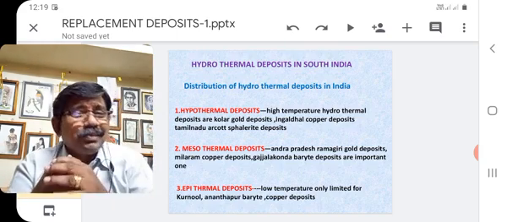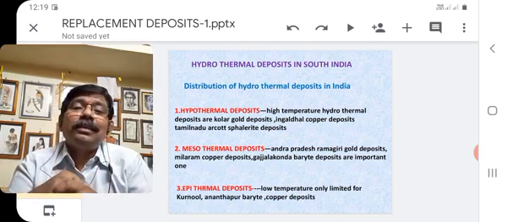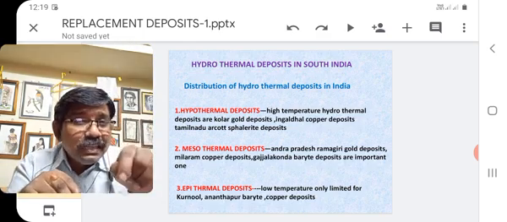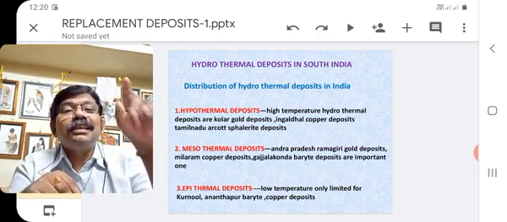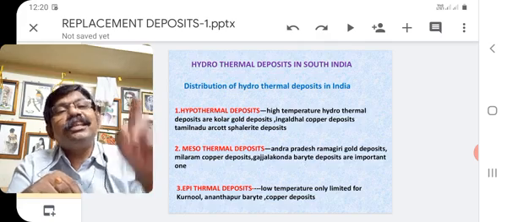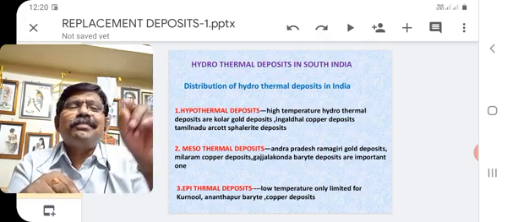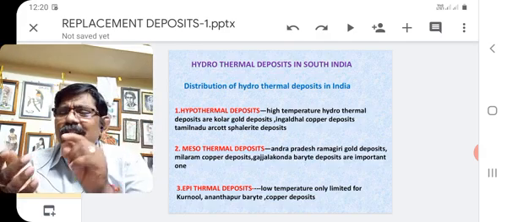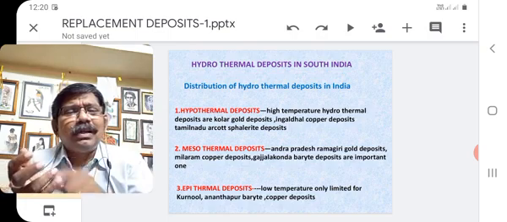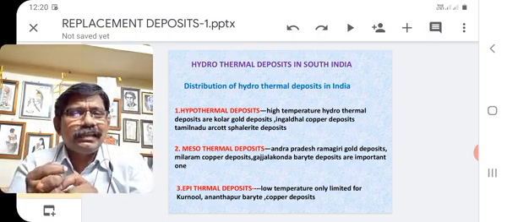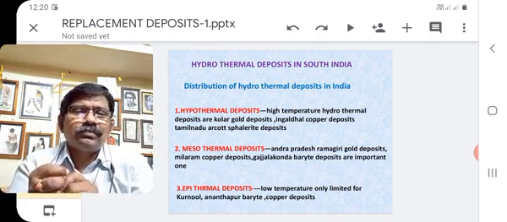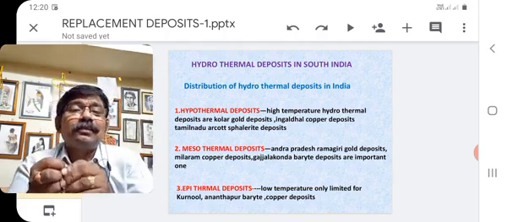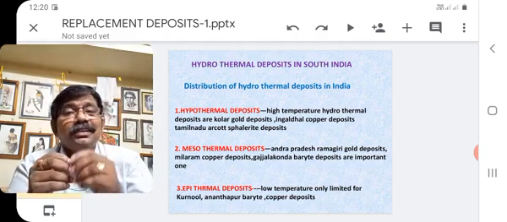But the low temperature deposits, meaning cavity filling deposits, are not concerned with today's lesson. They are very few in South India. Only some in Anantapuram, Karnool, Ganikalva, where copper deposits are there. Along the edges and border parts, base metals are available.